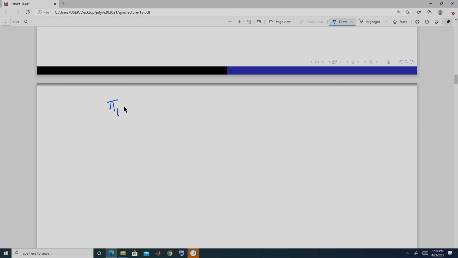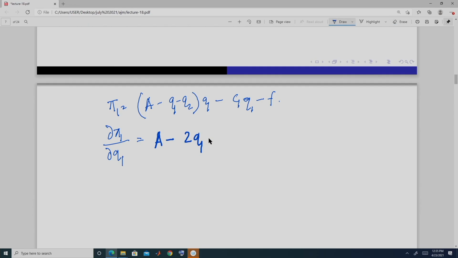So, profit of firm 1 is this. So, we maximize this. If we differentiate, taking the partial with respect to Q1, this will be this.